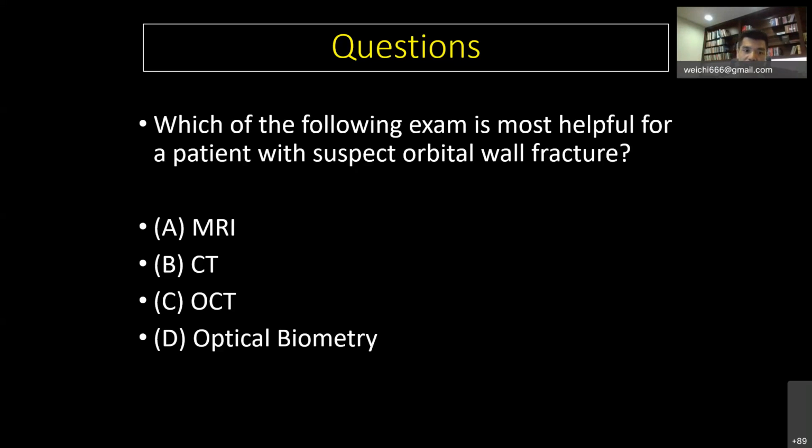So the correct answer is CT, because if there's a foreign body, we don't want it to move inside the eye during the examination. If you use MRI, because of the magnetic field, the foreign body could move in the eye. That would cause further damage to the eye. So we don't want to use MRI. We prefer to use CT scan for a patient in such a scenario.